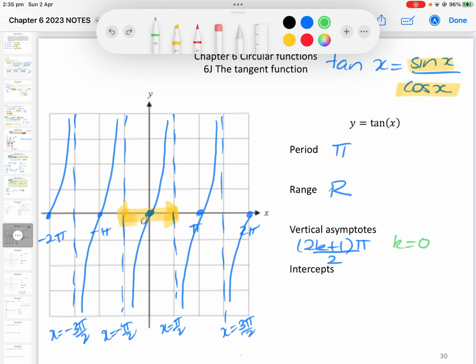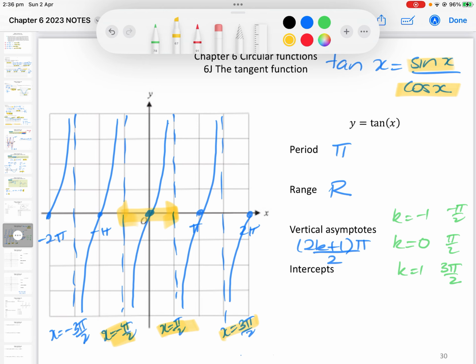And that is where the first one is. What about if k equals 1? We'd get (2 plus 1), which is 3 pi on 2. And that's our second one. If we looked at what happened when k was negative 1, we'd get (negative 2 plus 1), which is negative pi on 2. And that's why we have this one.